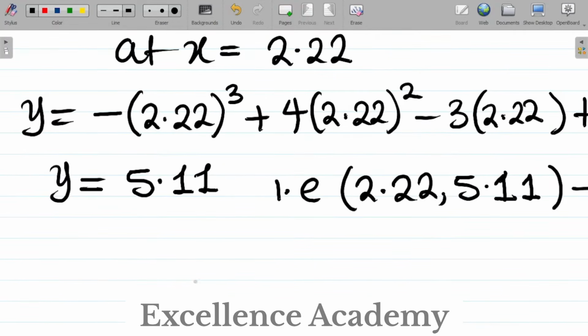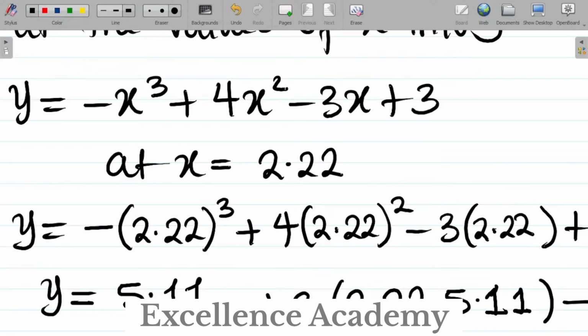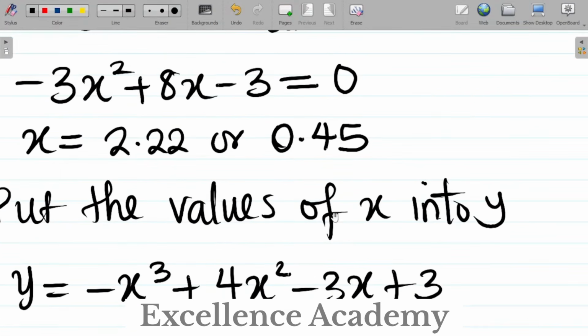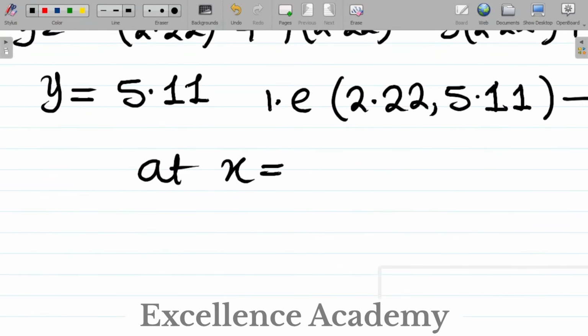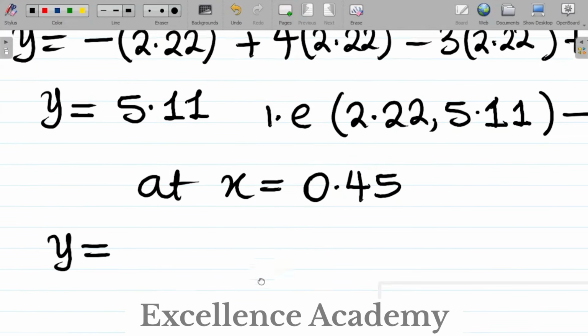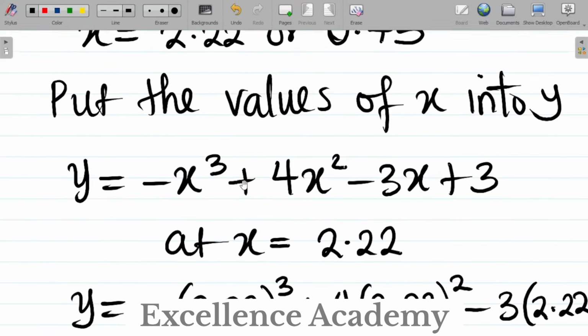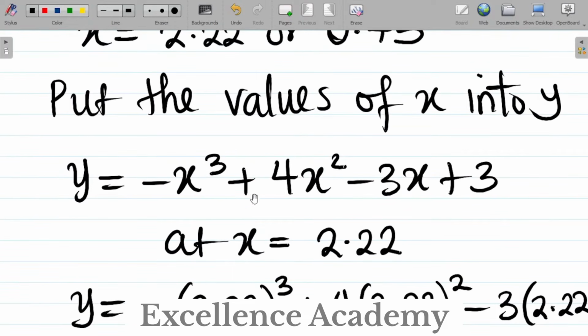The second point is at x equal to, what's my second point there? At x equal to 0.45, this one here. Let's find the value of y. Y will be equal to, again, whenever I see x here, I'll put 0.45.